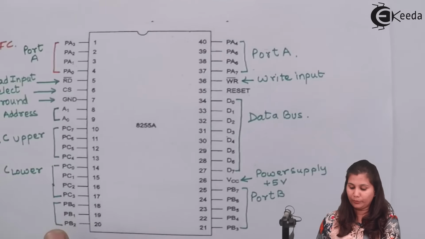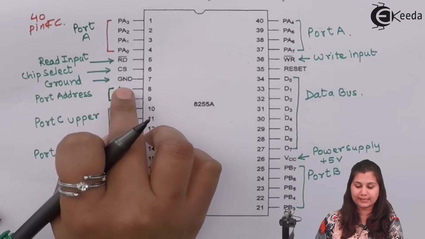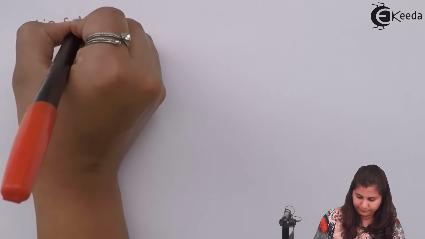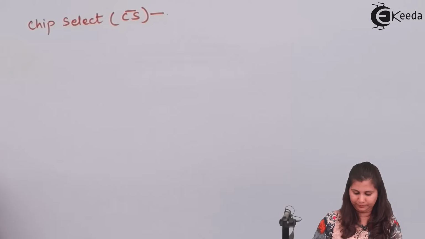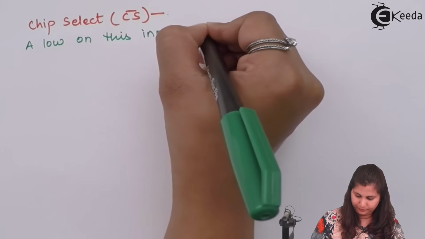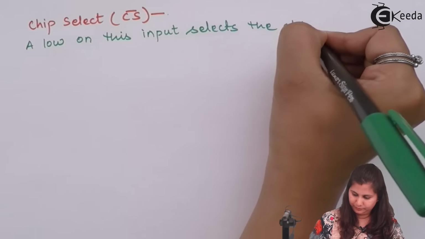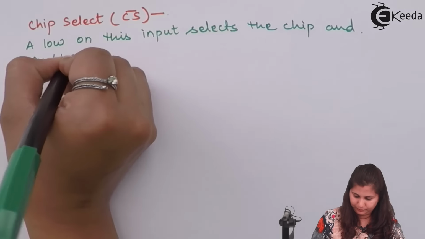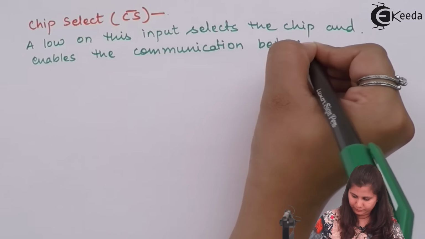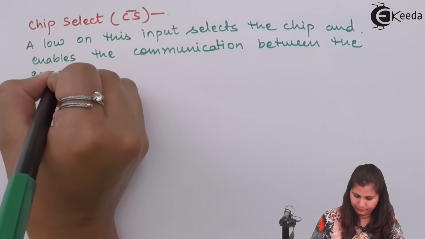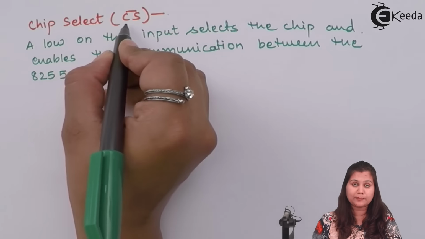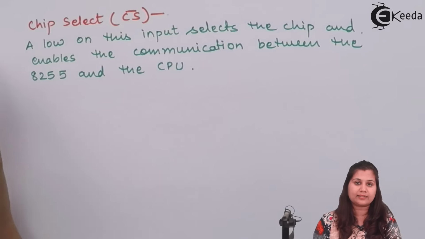First, we will start with the chip select, that is CS. Chip select is the pin used to select the chip.